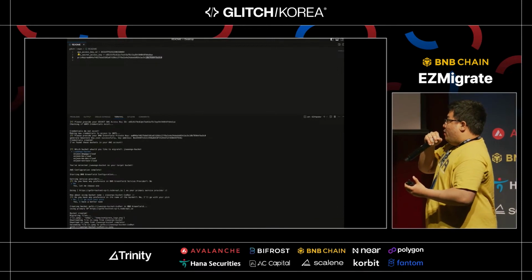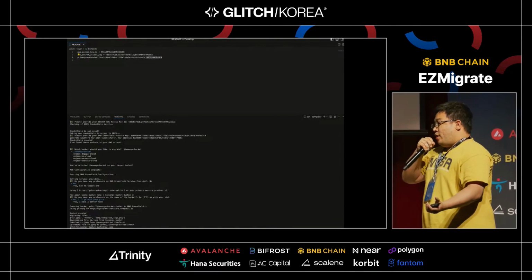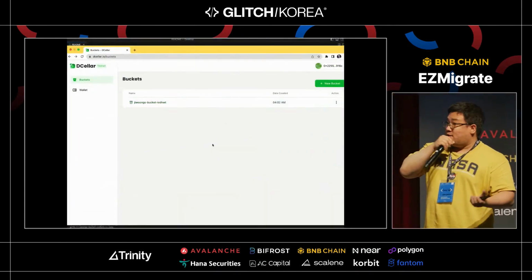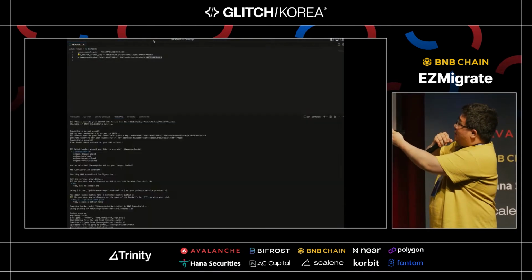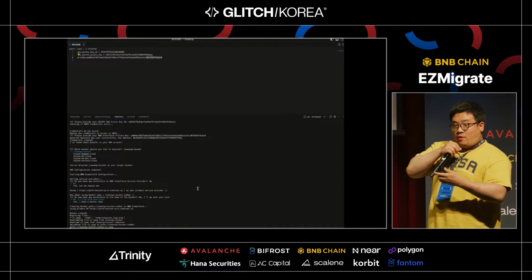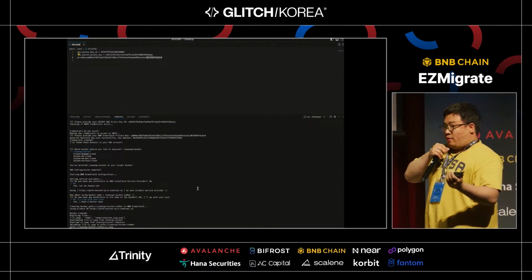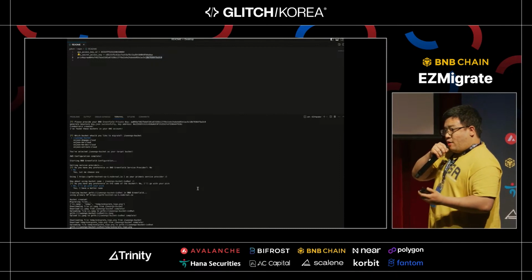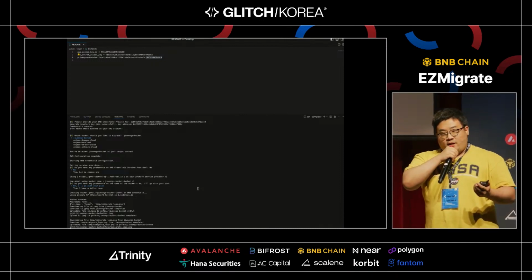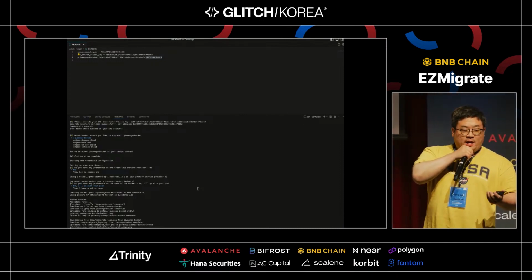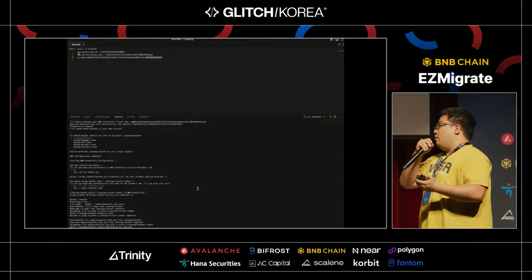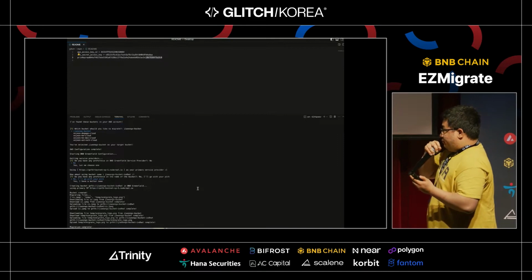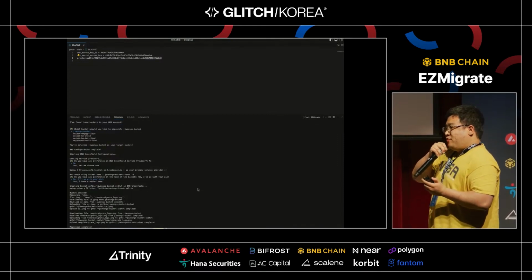Then, when every configuration is done, the program will automatically download data from S3, and there we go. We see the bucket. There was no bucket, but after we execute the program, there is a bucket. Then we download the file from S3 with the data we provided, and then we upload the downloaded files to BNB Greenfield.